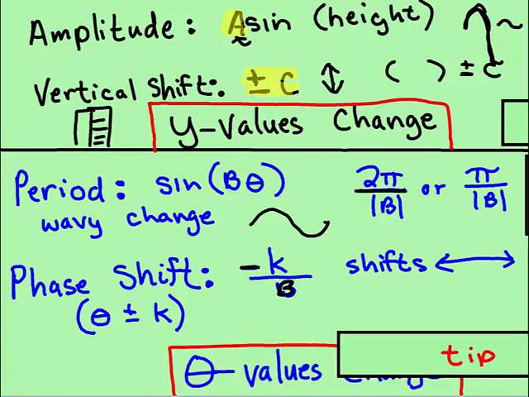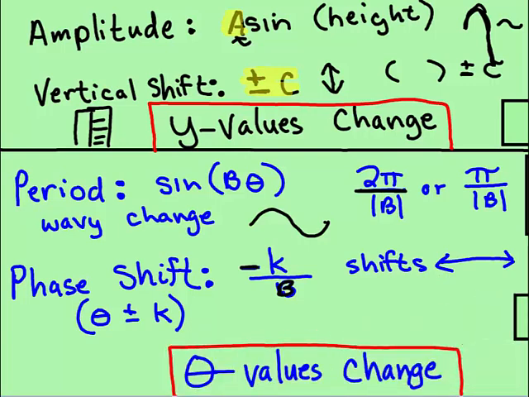And you got it. If it's on the inside of the parentheses, it's going to impact the theta values, or sometimes the thetas and the x values kind of interchange. So inside the parentheses, the x values get changed. Outside the parentheses, the y values change.